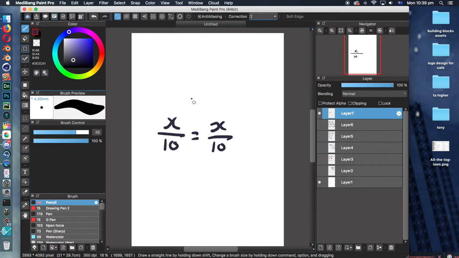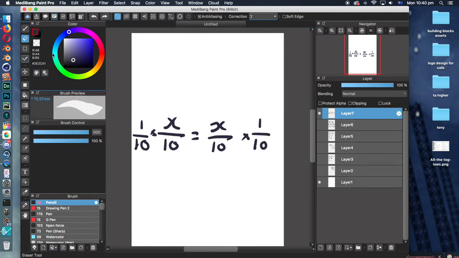Alright, so what we do here is we times each side by 10. So this side's been timesed by 10. And same thing, this side would be times by 10 over 1. And this will magically disappear, all the 10.